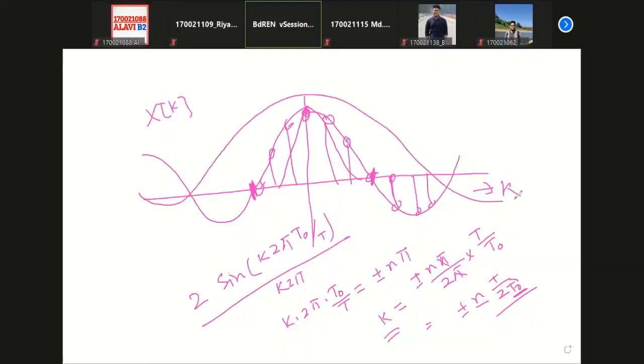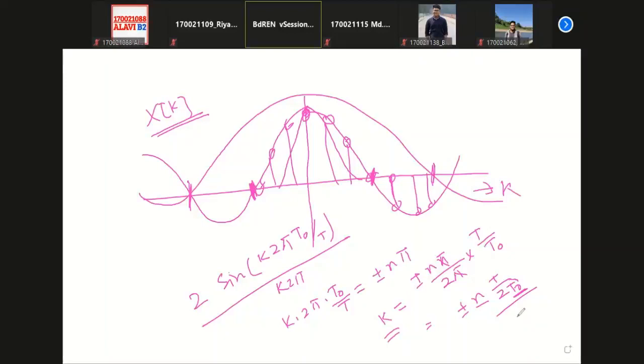So what does it mean? It means that in the frequency domain, if your pulse duration is smaller, then what will happen? You see that in this curve, the maximum value of k is contained within the main lobe. That means most of the energy will be contained in the main lobe. So if our signal duration is very small, that will require larger bandwidth to accommodate all the energy.